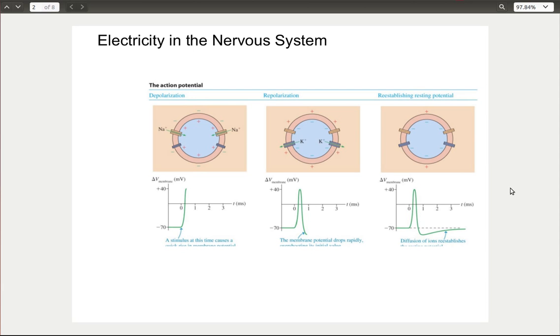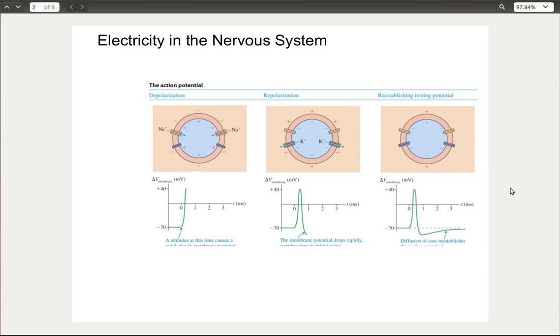Typically the sodium channel opens until the electric potential inside is 40 millivolts higher than the electric potential outside. Because the sodium flows quite quickly, you can see the potential difference plotted against time. It happens in less than a millisecond.